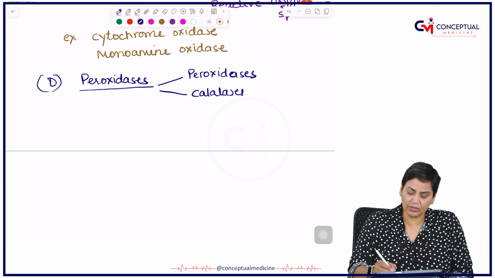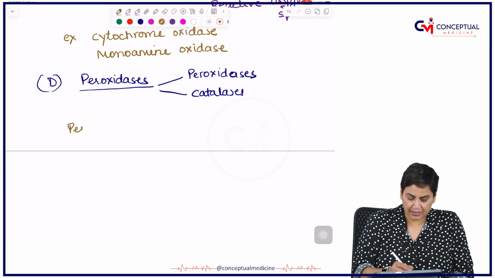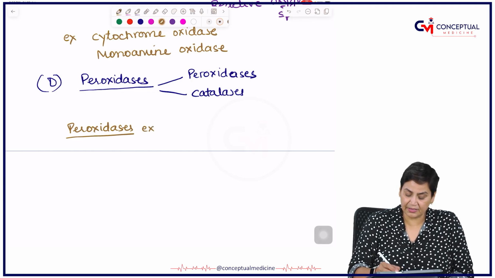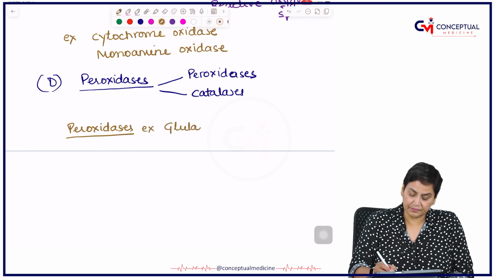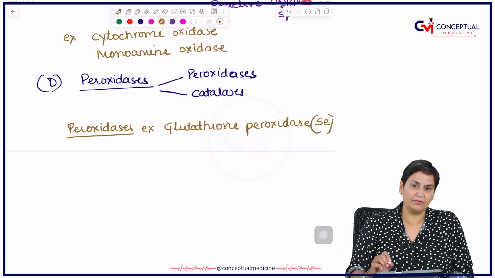And if we talk about peroxidases only, the example is glutathione peroxidase. This is a very, very important enzyme which requires selenium for its activity. Again, this is a very important factor.